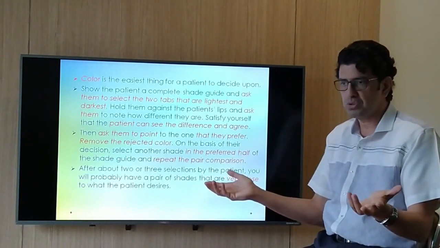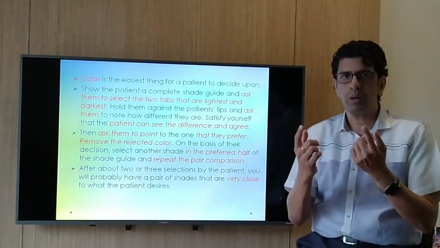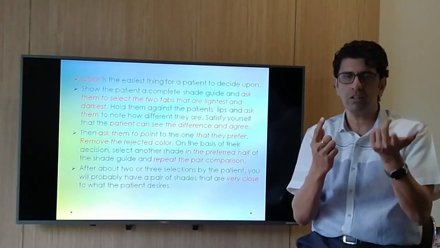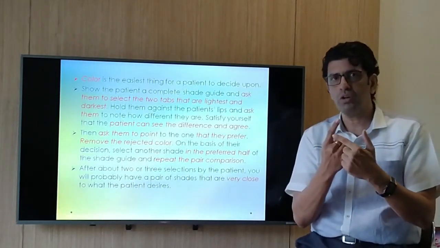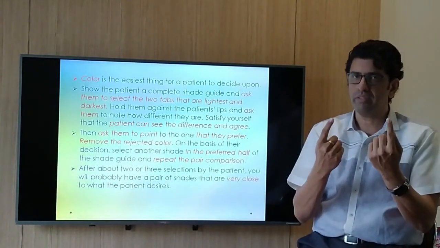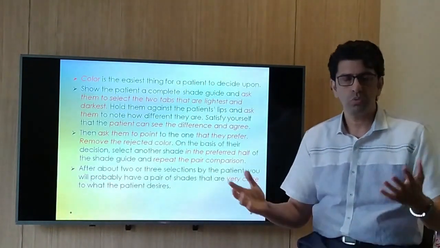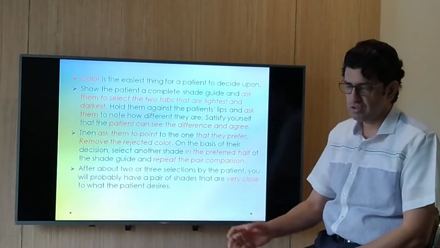I don't think you will go more than two or three. You compare between one lighter and one darker, and if the patient doesn't like the darker one, use the lighter one and go lighter still, and you know where you're going. So very quickly you can come to selection of color.